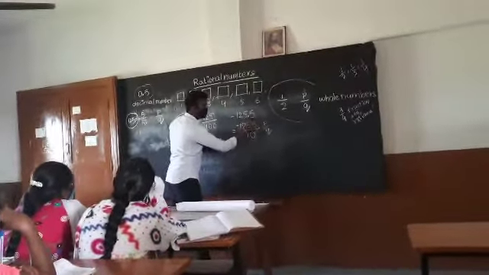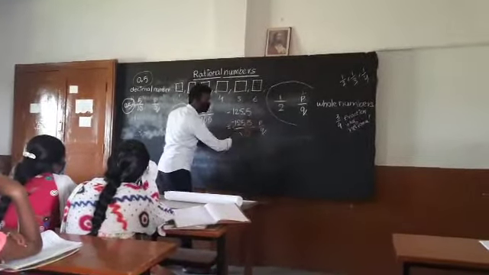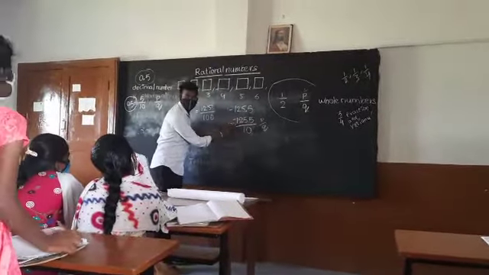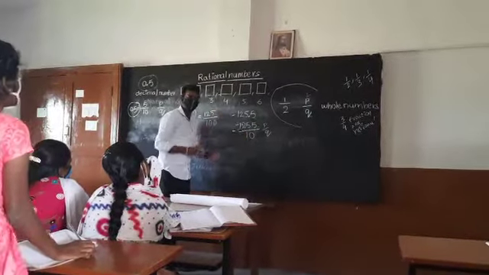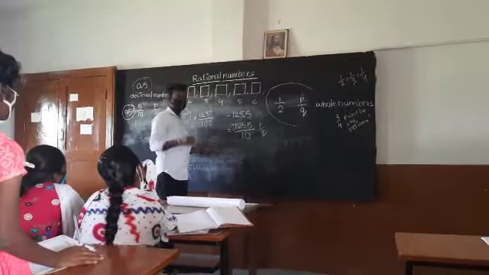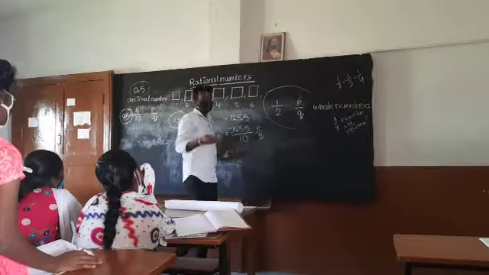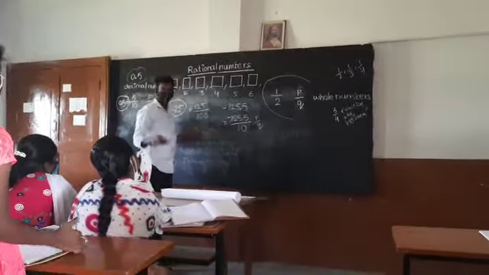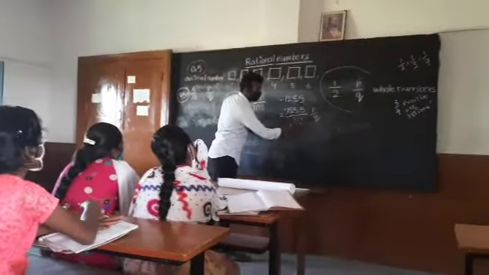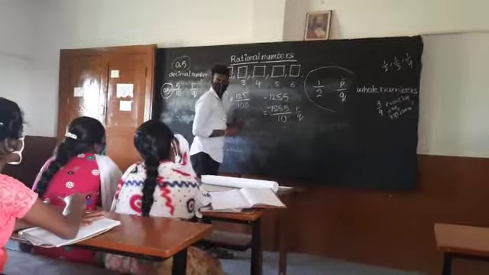Is this an integer? Yes, sir. All negative numbers, all negative signs added to the natural numbers, are integers also. So this is an integer. Is this an integer? Yes.